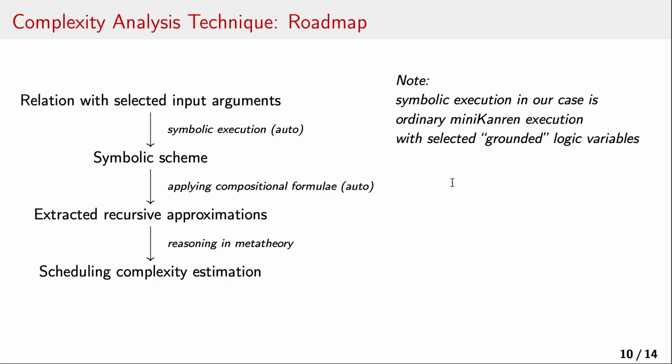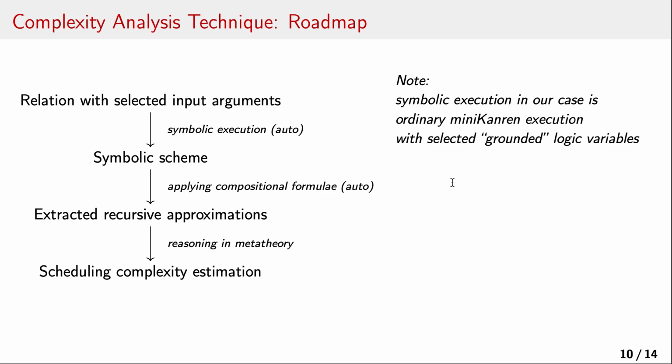To do it, we first go through the body of the relation and construct a so-called symbolic scheme, which shows how the search goes inside the body of the relation.